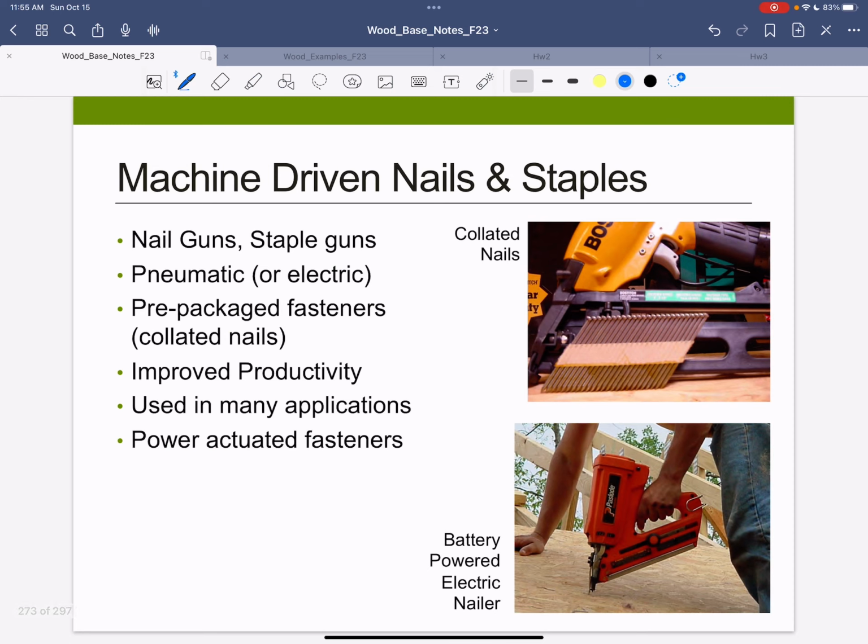All right, machine driven. You can see these come from a nail gun. It's typically an air gun or air supplied, or you can do battery power or electric nailers. But you still hear the psst because it has the air push of the nail. So we see these in horror movies sometimes. I just saw one the other night on Friday the 13th.